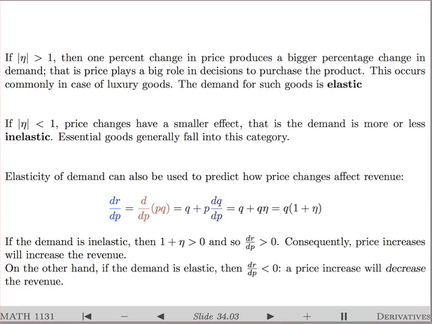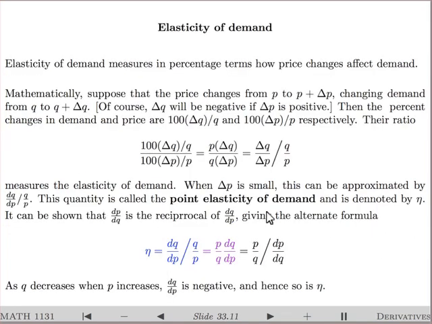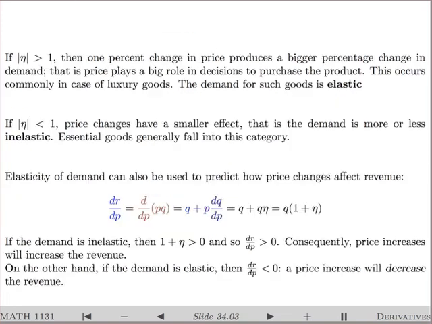And if you look at the formula for eta, one of the things we got was that eta equals P over Q dQ over dP. So P dQ over dP is Q times eta. So we get that dR over dP is Q plus Q eta. Factoring out Q, we get Q times 1 plus eta.